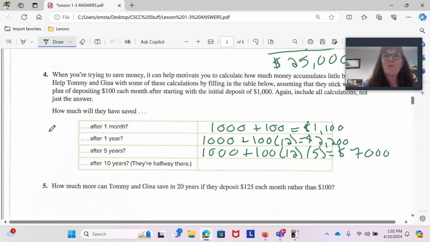And the last one is the halfway point. When they've done 10 years, again, we still start with the $1,000, the initial deposit, $100 for 12 months, but this time instead of 5 years, it's 10 years. And when we put that into our calculator, we do get that we are at $13,000.